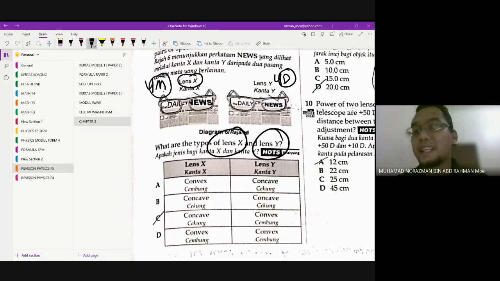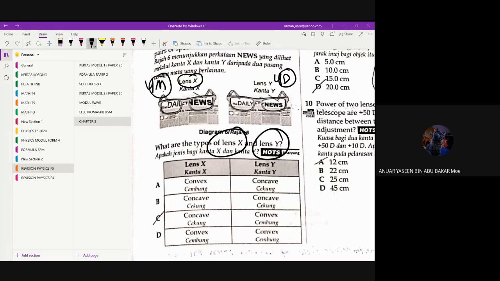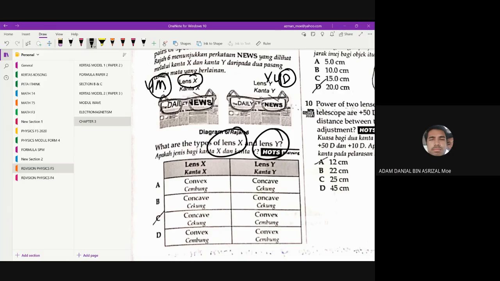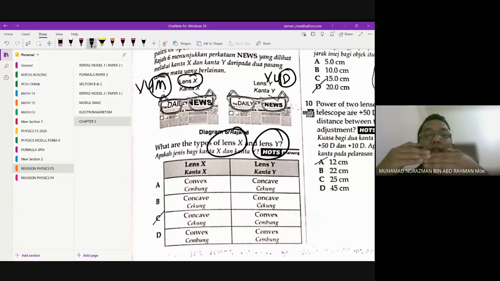Virtual ke real ni? Virtual. This one's virtual tau. Virtual. Okay, sebab kita tengok we see behind, okay, behind the lens. So kalau lens ni virtual sebenarnya, okay, sebab ini the image cannot be formed on screen. So dia bukan real. Real ni image can be formed on screen.